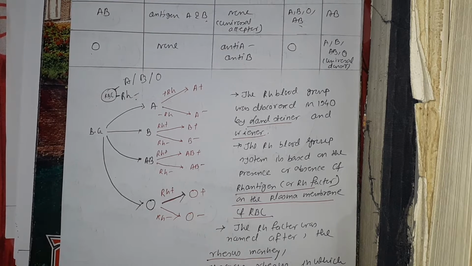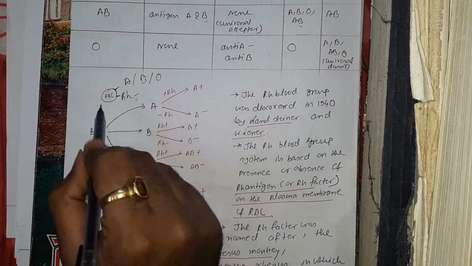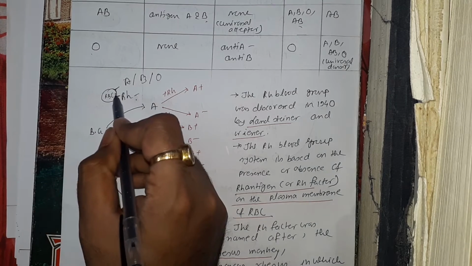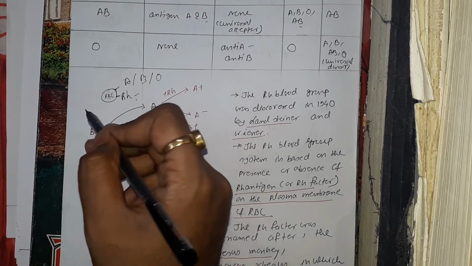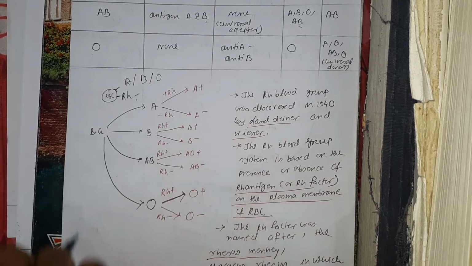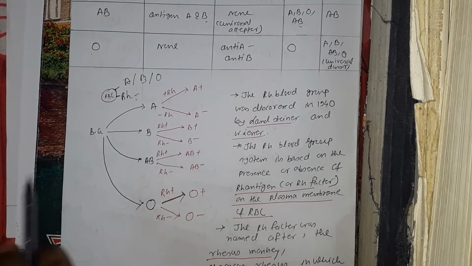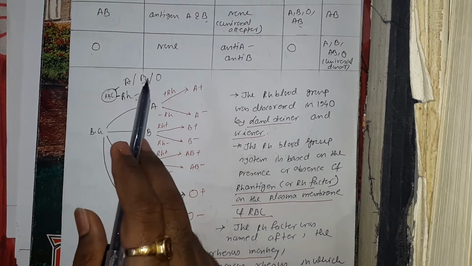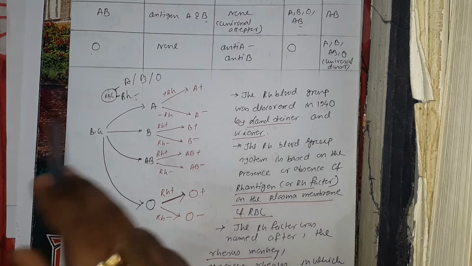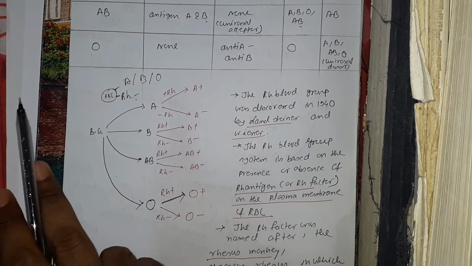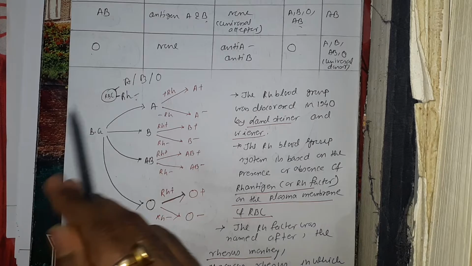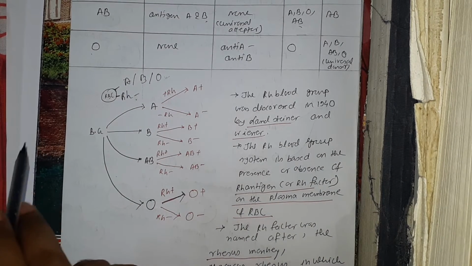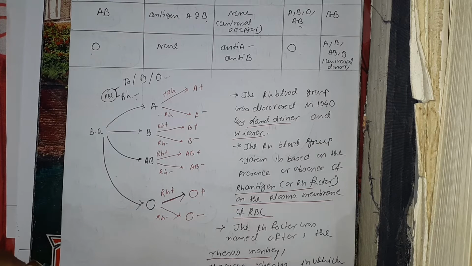Before going to this, let's recall what we talked about in our previous video, that on the basis of antigen present on the surface of RBC we have classified blood group into 4 types, that is A, B, AB, O. If A antigen is present on the surface of RBC, then our blood group is A. If B antigen is present on the surface of RBC, then our blood group is B. If no A or B is present on the surface of RBC, then we should mention our blood group as O. That does not mean that they have none of the antigen, right?